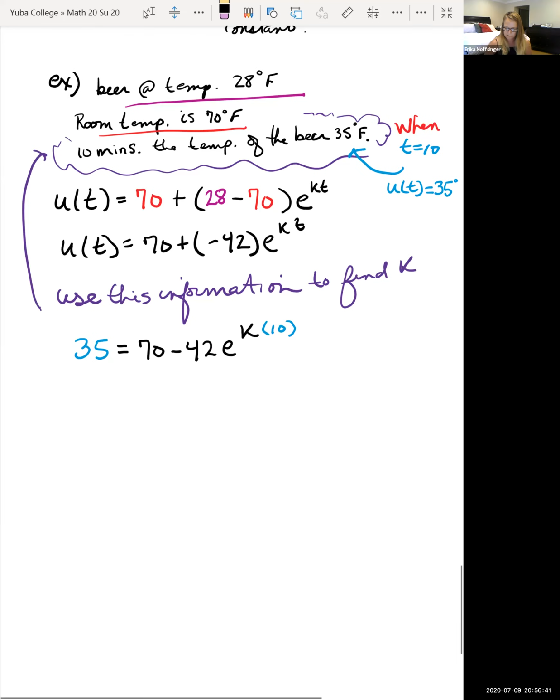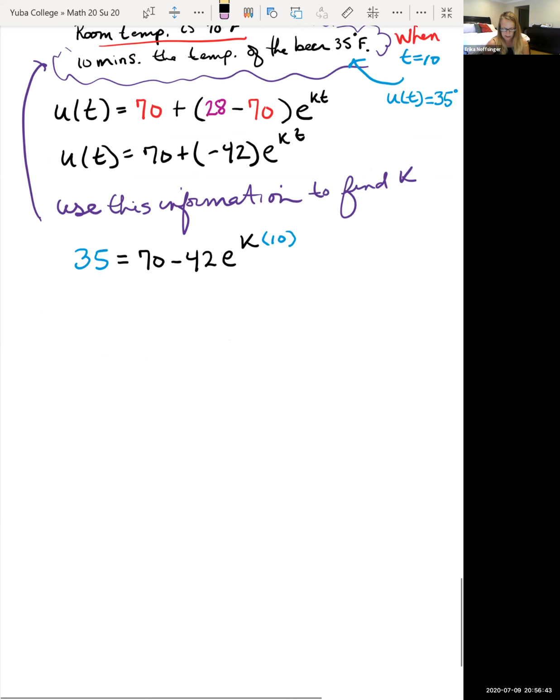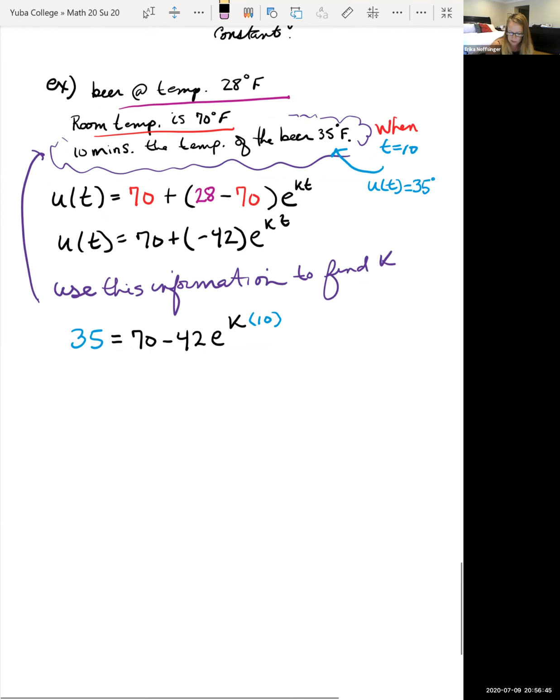So we want to solve for k. Let's subtract 70 on both sides. We want to isolate the exponential piece. So 35 minus 70, that's negative 35, is equal to negative 42 e to the 10k.